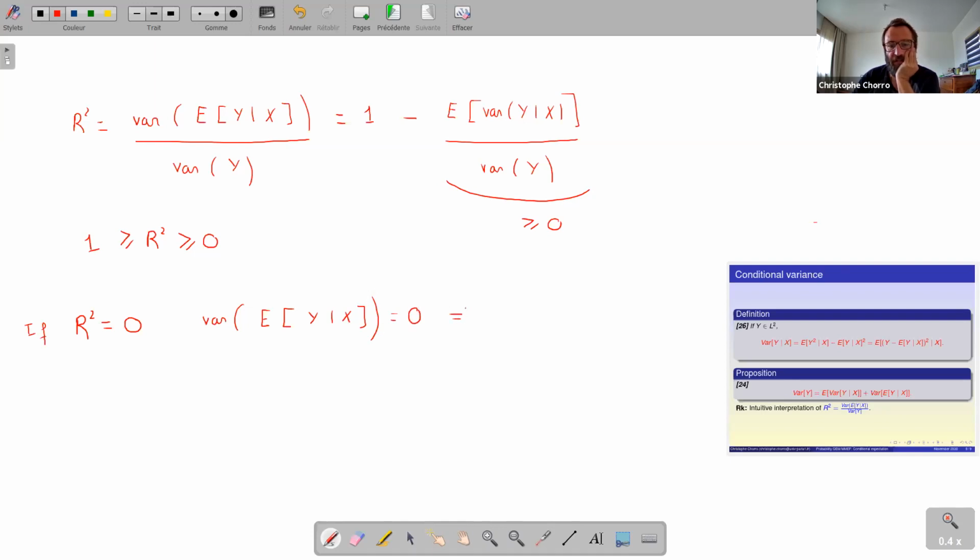And if a variance is equal to 0, it means that the conditional expectation of y given x is equal to its expectation. It is a constant, the classical result with respect to the variance: a variance is 0 if the random variable is always constant, equal to its expectation. So this is equal to the expectation of the conditional expectation, that is just the expectation of y.